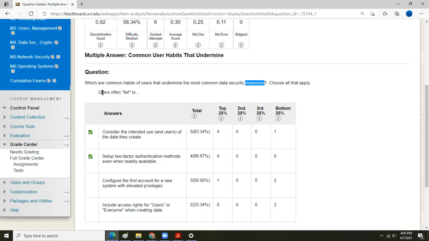So users often fail to think about the intended use and users of the data that they create. That's the biggest problem. You have a device, you're creating data, you're going to share it with other people. How many other people? We just don't think about it, right? You have an iPhone.